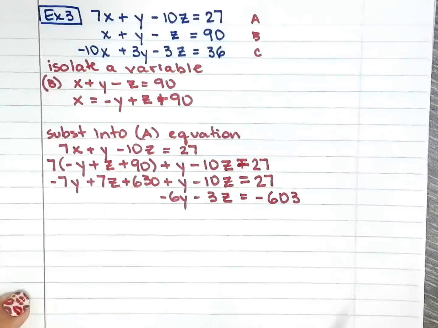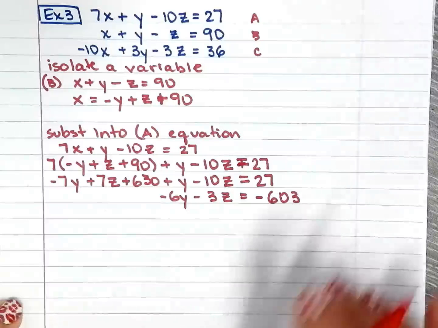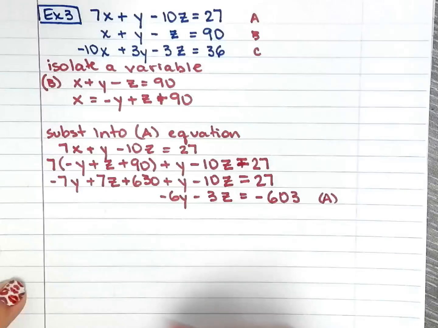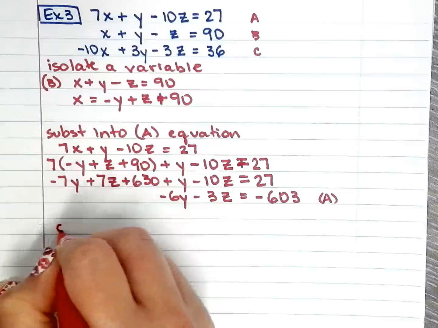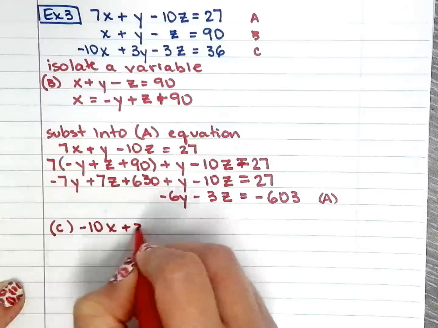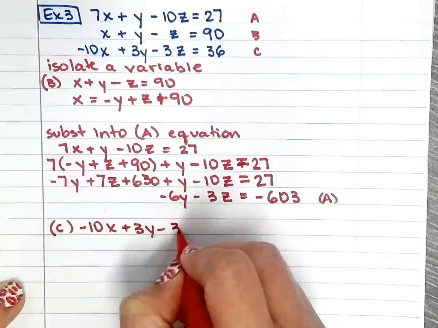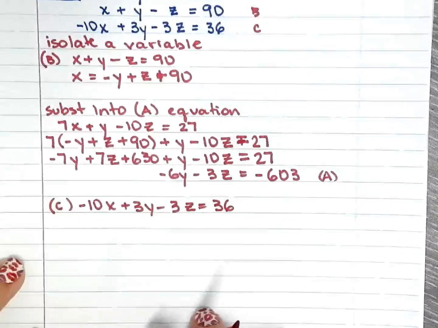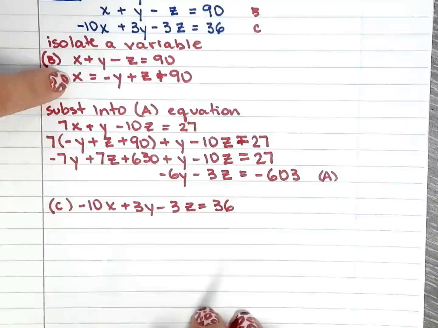That is negative 603. Okay, so this is your new A equation. We're going to do the same thing for C equation. And x is right there.